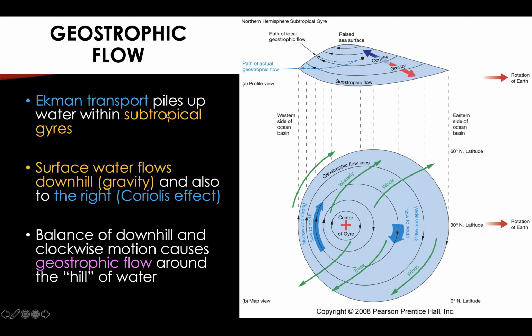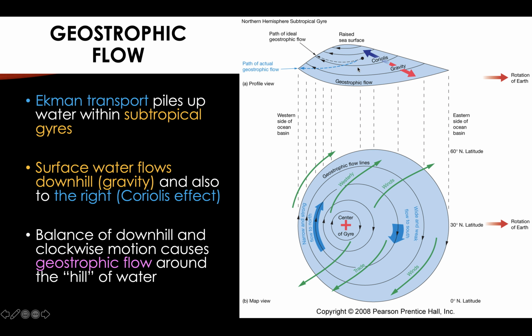Because of the Ekman spiral, water piles up in these gyres, and a center, or a hill, a raised sea surface, forms as a result. And because of that, because of gravity, you're going to get a downward flow around that elevated center.